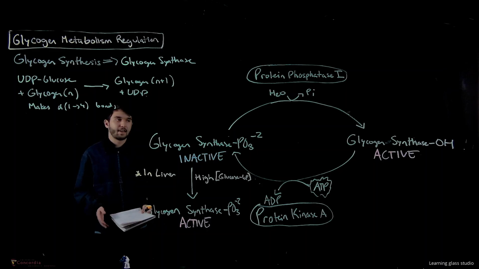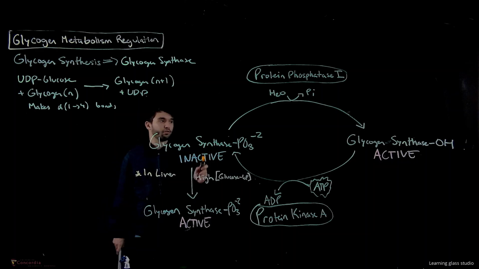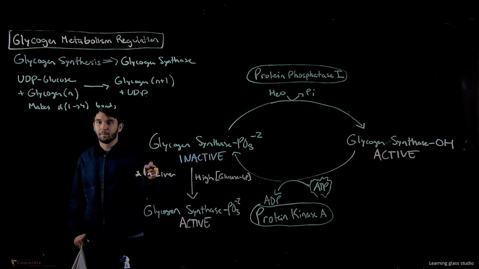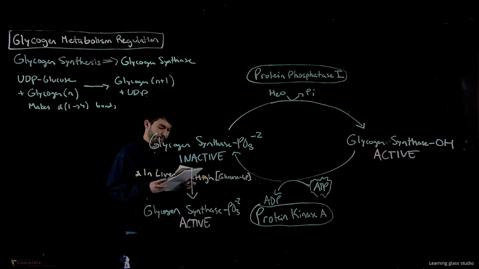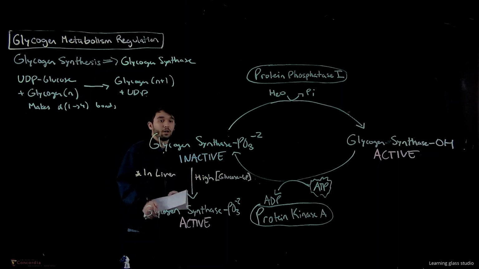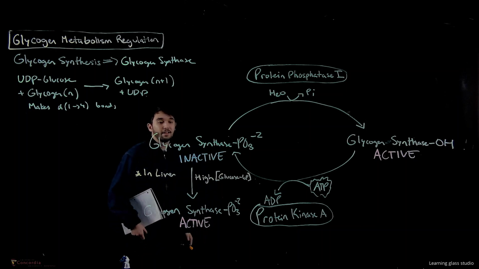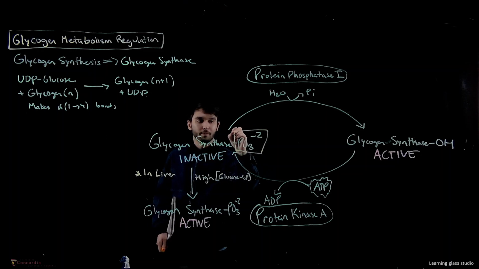So this enzyme is our major point of regulation. It again undergoes reversible phosphorylation, but it additionally undergoes a bit of allosteric regulation in the liver, much like what we saw with glycogen phosphorylase, okay? So let's first look at this. Glycogen synthase is inactive when it is phosphorylated, okay?